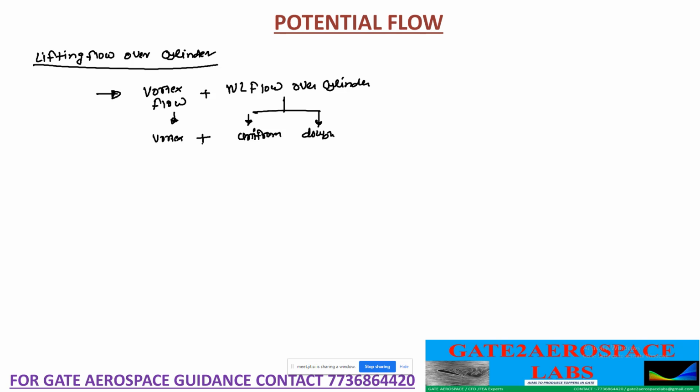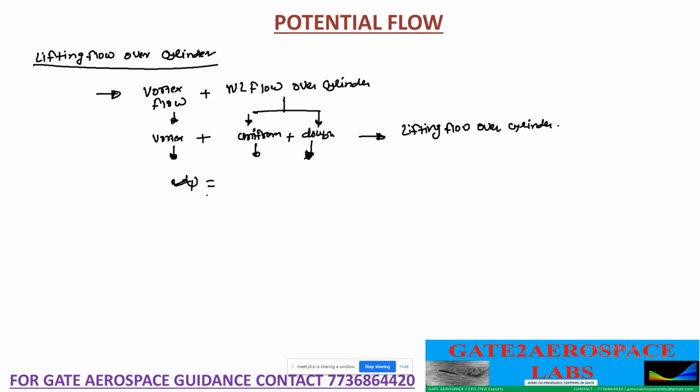So a combination of these three flows will give you the lifting flow over a cylinder. Fine. So you can add the stream functions for these three types of flow and differentiate.